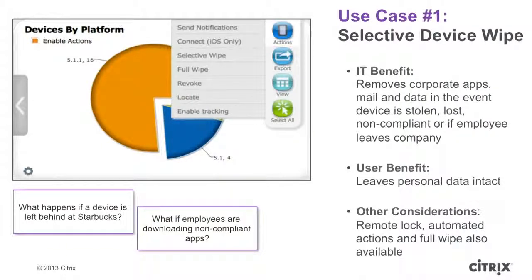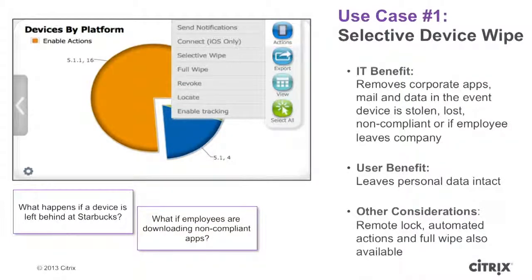As an IT person, you get to remove access and get back all that data that you bestowed to the end user. And the end user benefit is, I didn't wake up one morning and find all my photos gone and all my personal apps wiped. I just have the corporate information wiped from the device.